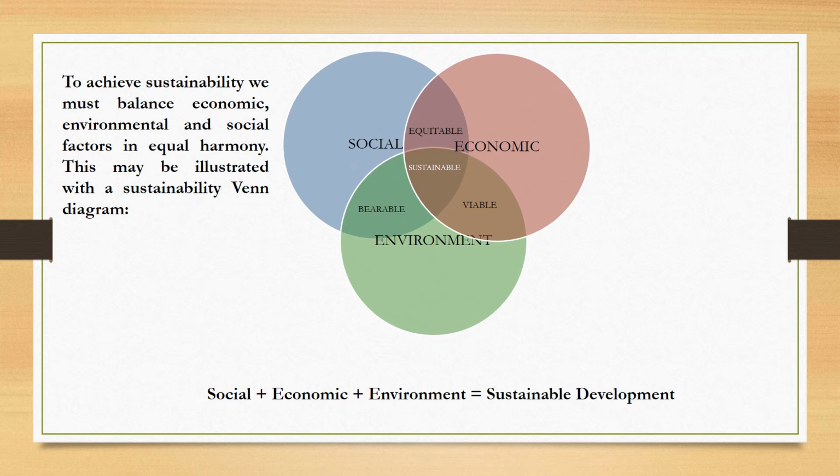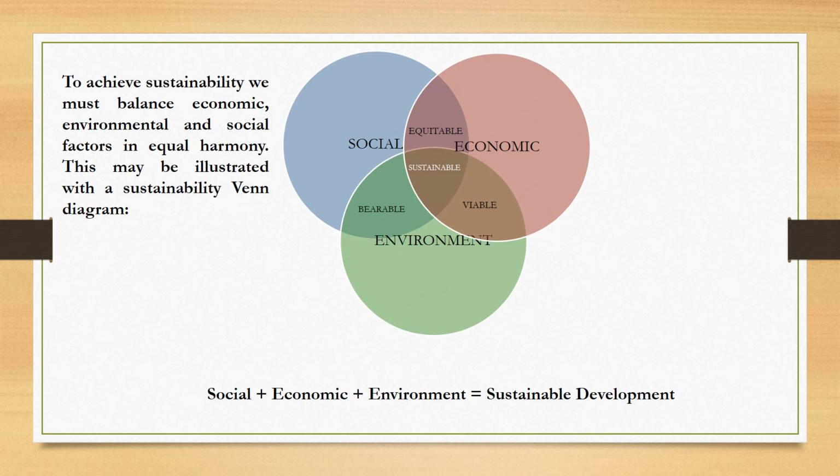Sustainable development implies that we need to look after our planet, our resources, and our people to ensure that we can live in a sustainable manner, that we can hand down our planet to our children and our grandchildren to live in true sustainability.